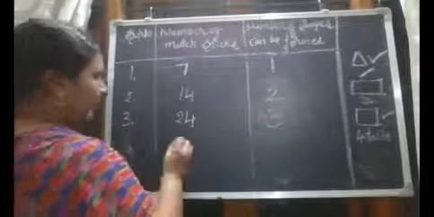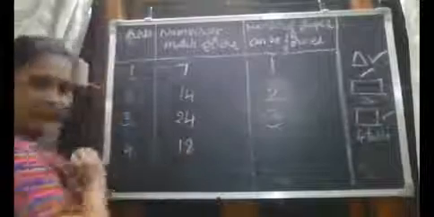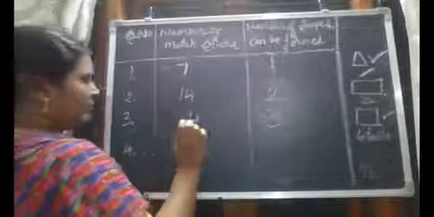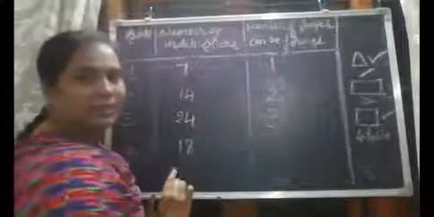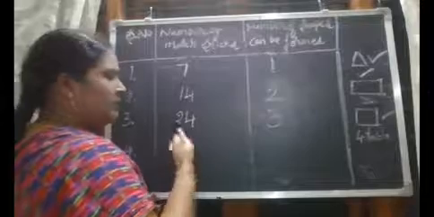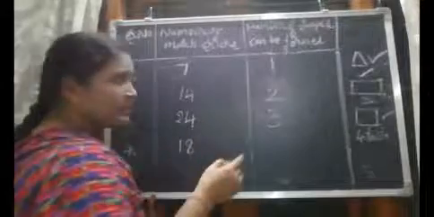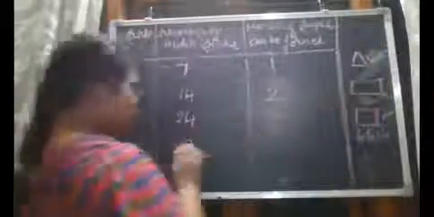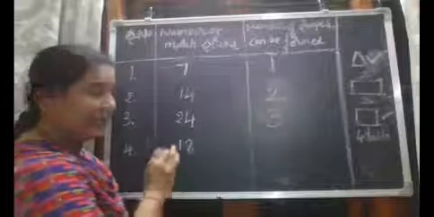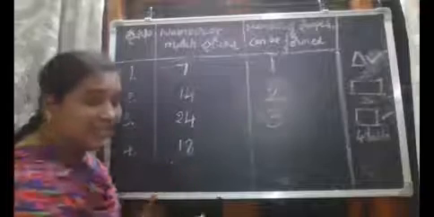Which number? Let me take 18. Similarly, same method. 18 is bigger than 3, so we can make a triangle. Next, do we get 18 in the 2 table? 2 9s are 18, so we can make a rectangle also.